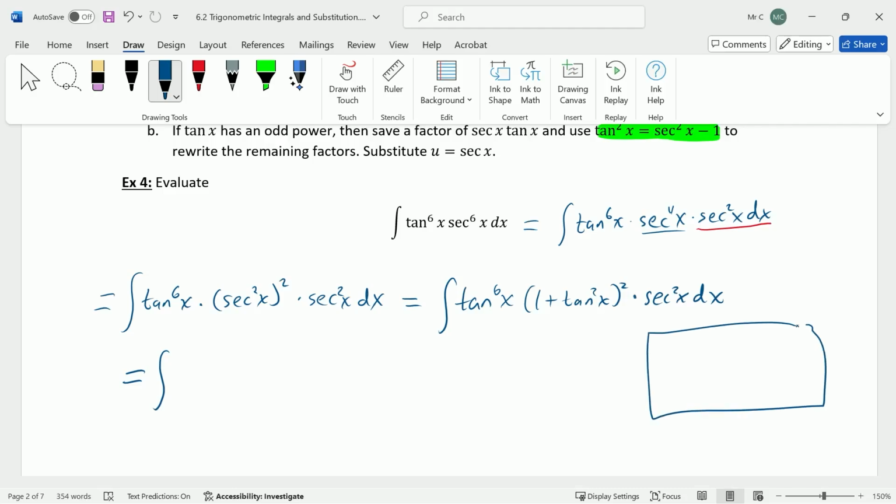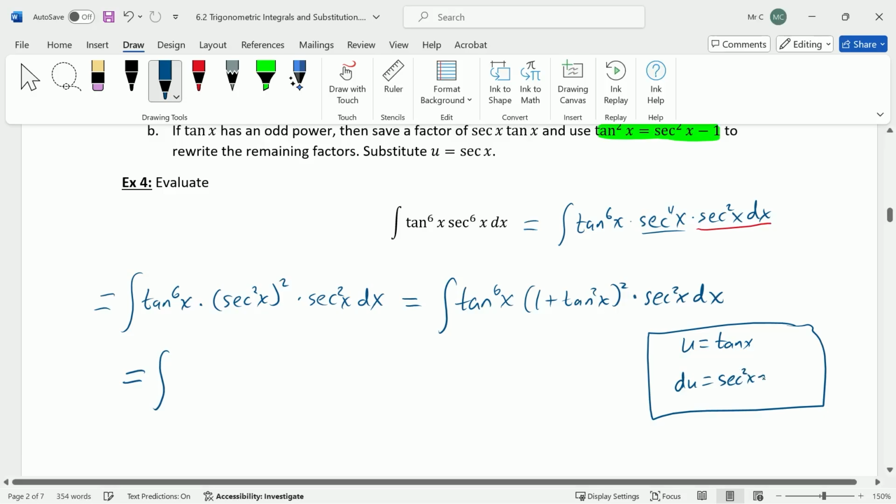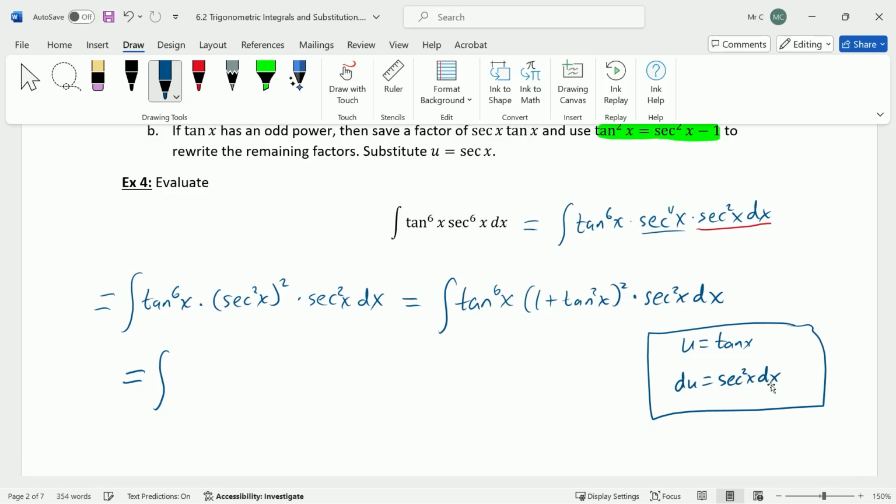And that's going to let me do the u substitution. u equals tangent of x. du is secant squared of x dx. And u to the 6th. This becomes u to the 6th times 1 plus u squared times du.